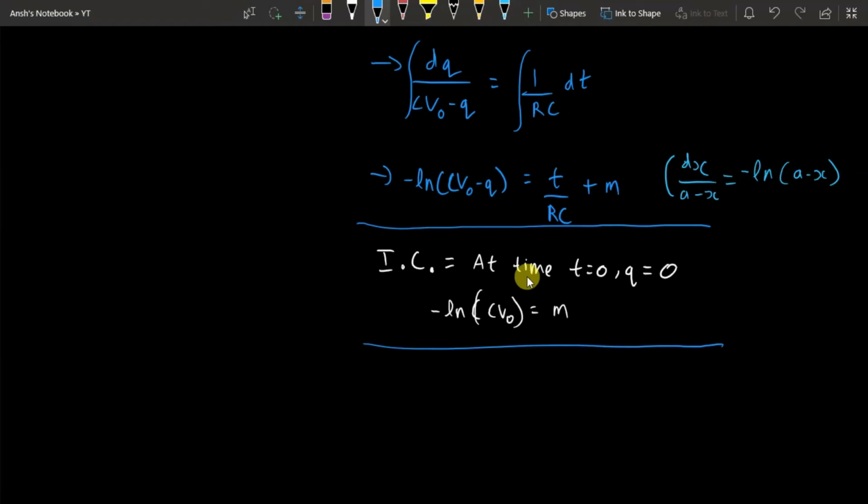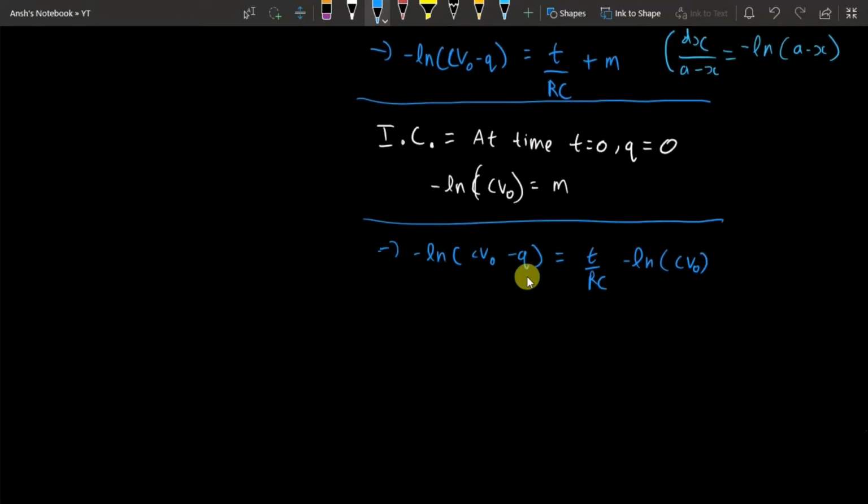So we have now minus ln of (cv naught minus q) is equal to t over rc minus ln of cv naught. Now let's do some quick algebra. First let's multiply both sides by minus 1.